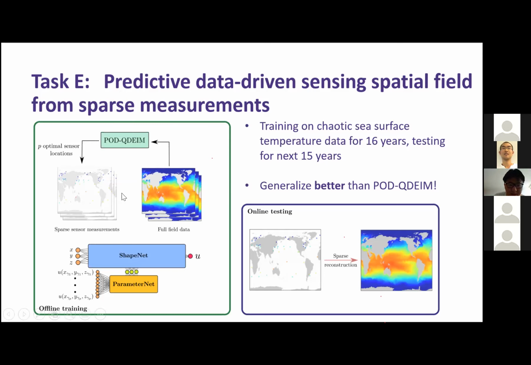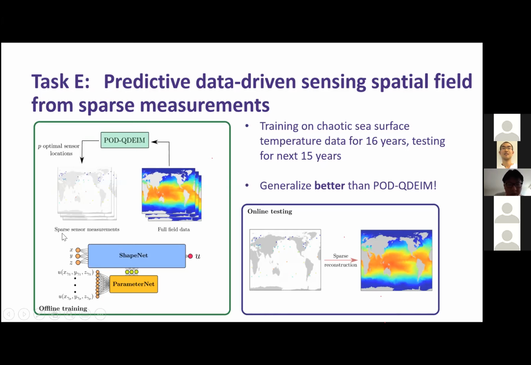So in this task, I want to place sensors on the sea of the Earth, and reconstruct the sea surface temperatures of the Earth by using limited sensor measurements of sea surface temperature at these sensor locations. This is actually a famous problem.